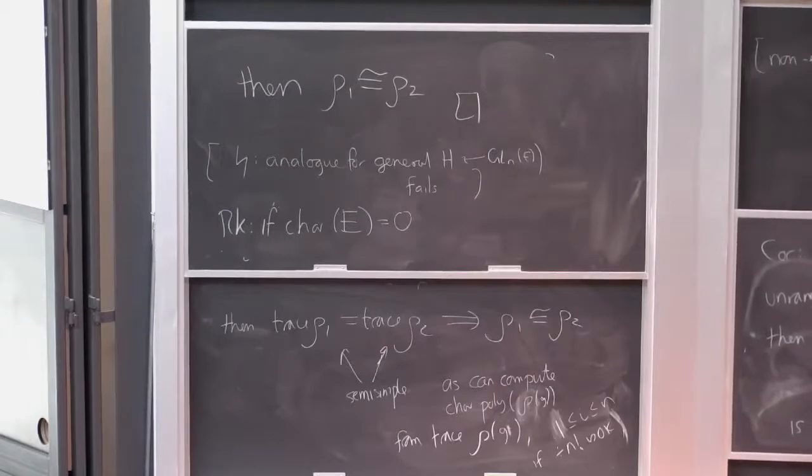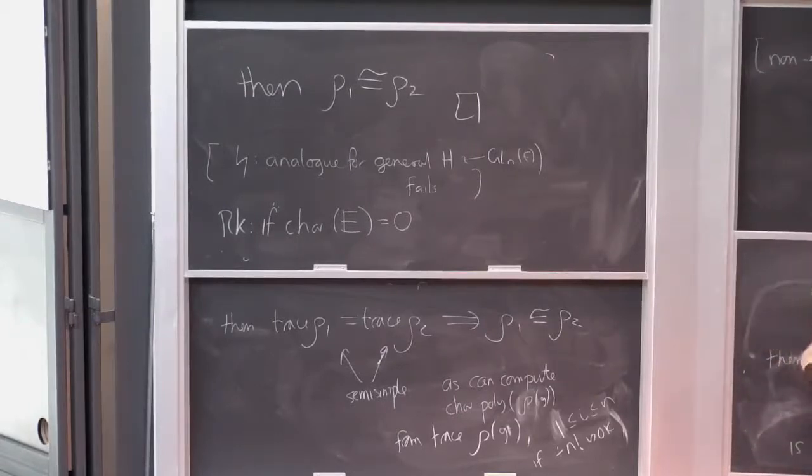I found this an illuminating example. Once I'd done that example, I've never forgotten the statement of Brauer-Nesbitt. That's the point I'm trying to make, because it reminds you of what can go wrong.